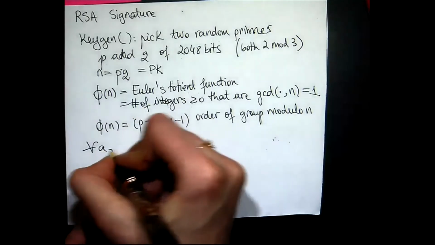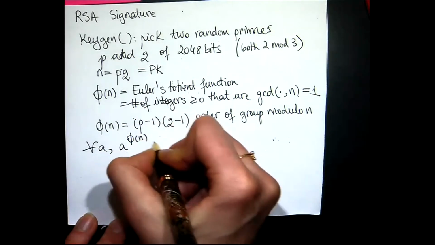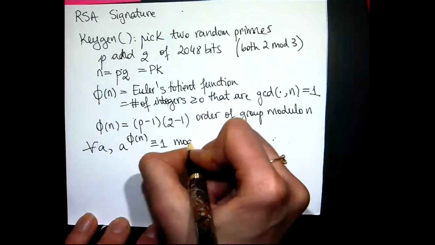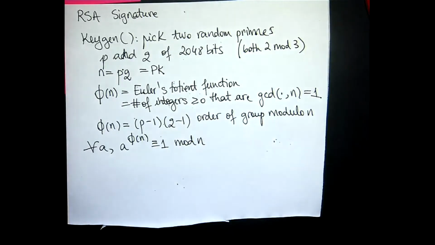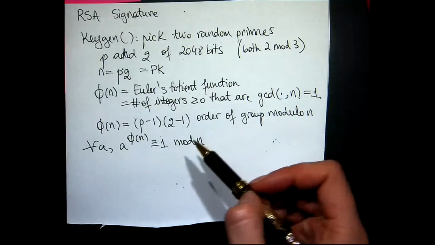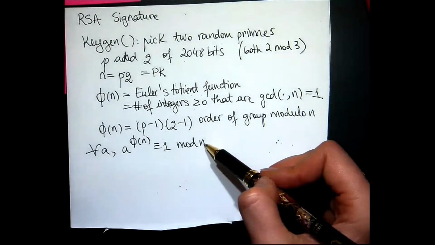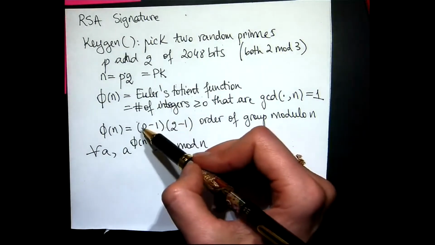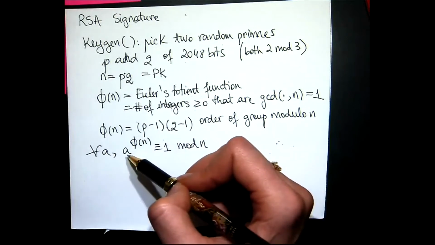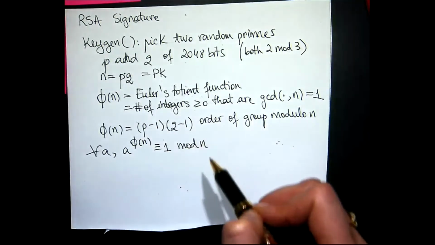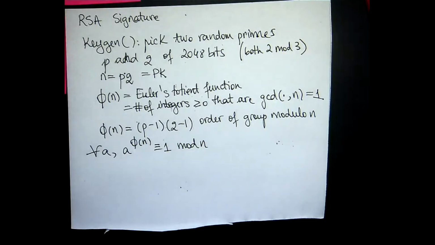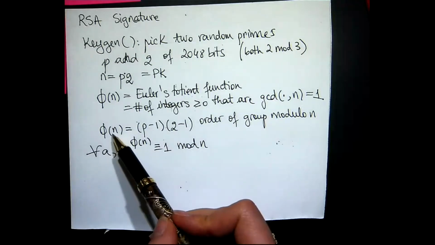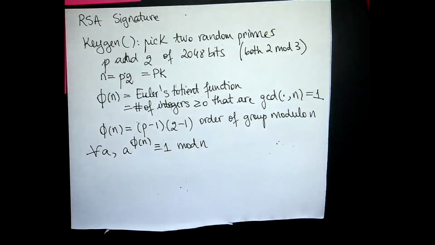For all values a, if I take a to the power of phi of N, I get 1 modulo N. You can kind of see this: let's say that if N were a prime P, so it wouldn't have the Q factor, then phi of N would be P minus 1. So you have that a to the power of P minus 1 is 1. That's Fermat's little theorem. And this is just basically Fermat's little theorem extended for a number N that's composite, P times Q.